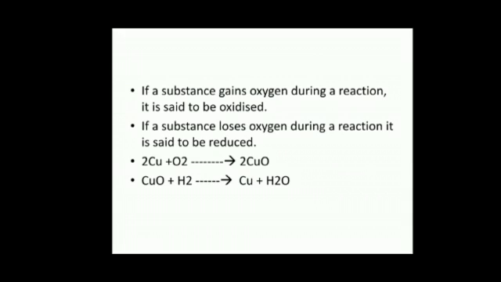If a substance gains oxygen or adds with oxygen during a reaction, it is said to be oxidized, or oxidation process. And if a substance loses oxygen during a reaction, it is said to be reduced. Or in other words, you can say addition of hydrogen is reduction.